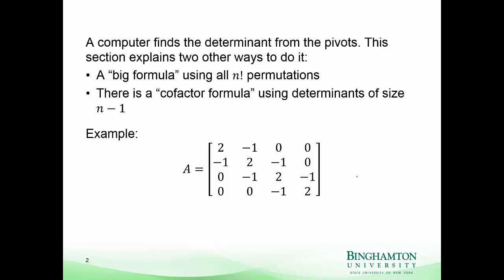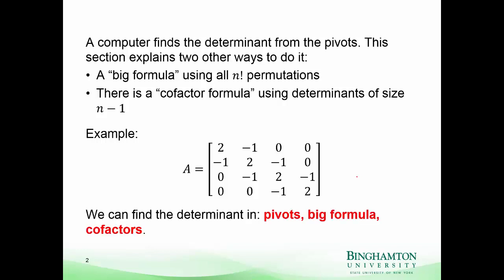So here's a quote-unquote example. It's really more of just a foreshadowing. Here's the textbook author's favorite matrix, and he's just pointing out here that we can find the determinant three different ways. We can do row reduction to get the pivots.